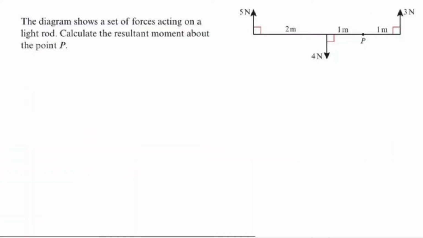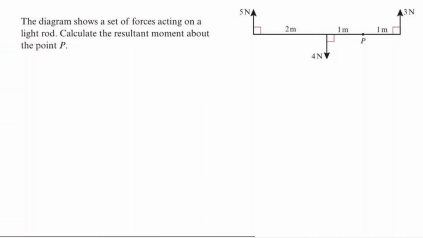Okay, so let's have a look at a few examples and where these resultant moments are going to come up. So in this first instance, we've been given a diagram and we've been told that it represents a set of forces acting on a light rod.